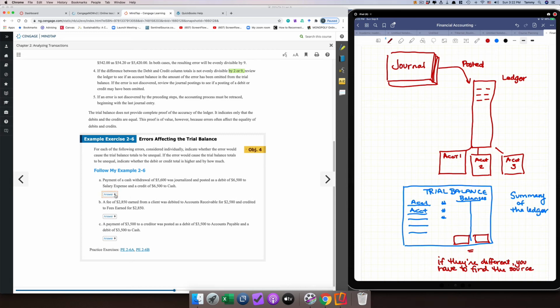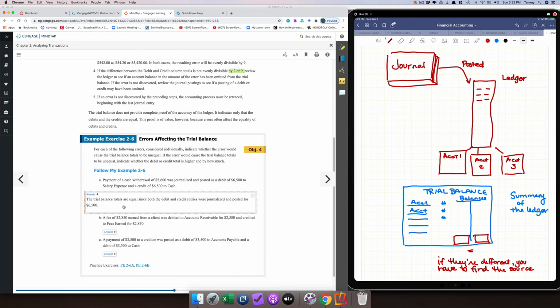And so salary expense is going to be excessively high, but the trial balances will still be in balance, right? Because basically she misclassified that cash withdrawal as salary. So it's not going to show up on your trial balance.